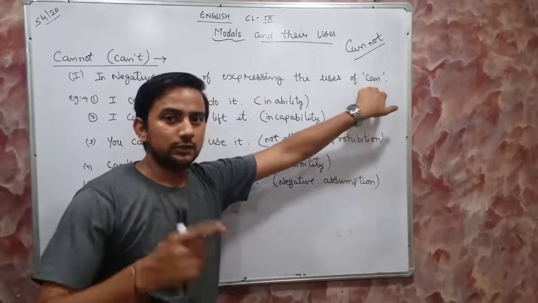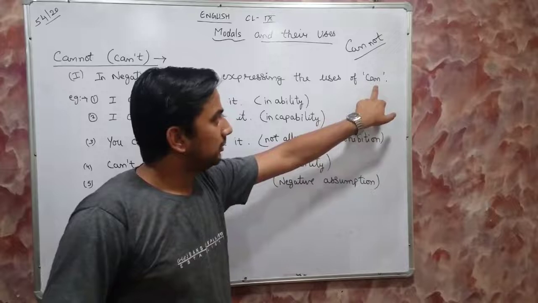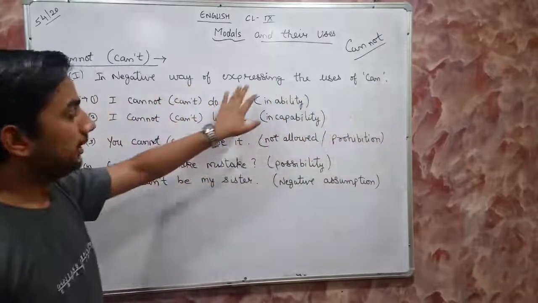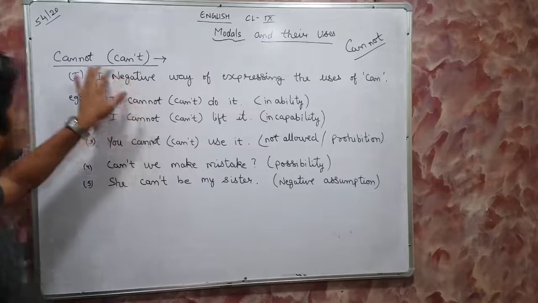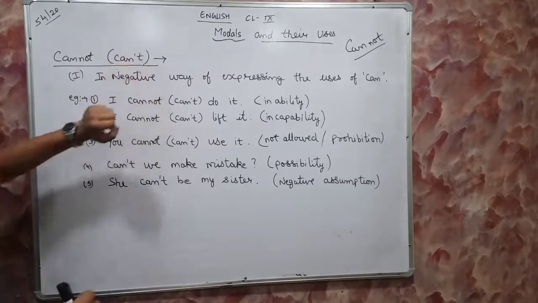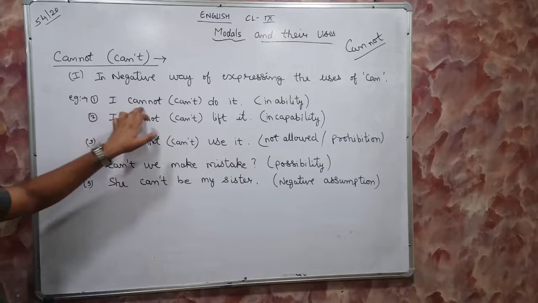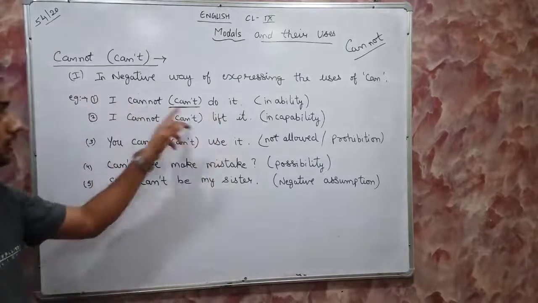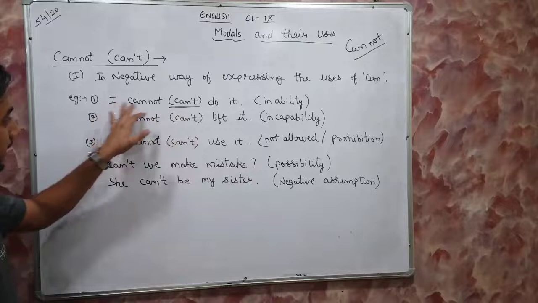Earlier we learnt the uses of the modal can, but to express this in negative form, we will use cannot, and cannot in short can be written as can't. For example, I cannot or can't.